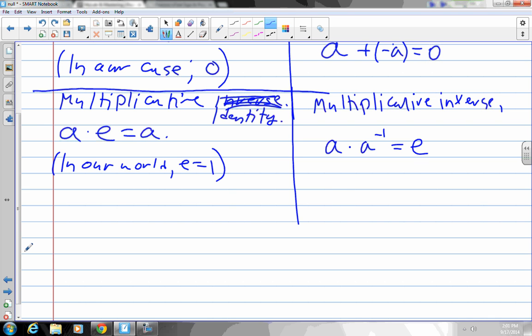So in our world, what does A need to be multiplied by to get 1 back? 1 over A, right? A times 1 over A equals 1. It works for every real number except for 0. 0 is the only one that does not have a multiplicative inverse.